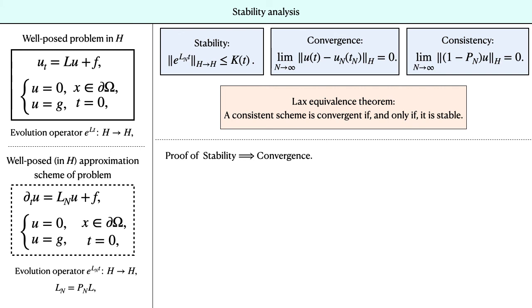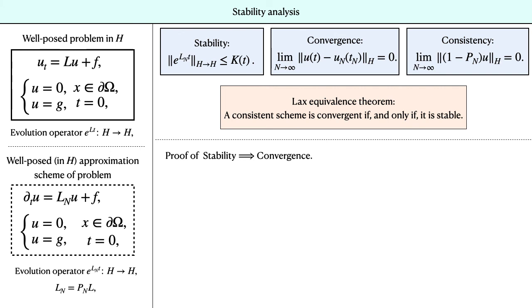In our scenario, consistency is that the projections onto the Bn space approximate all of H. So consistency, in the right corner, is that the difference between the projection of an arbitrary element u in H and u itself goes to 0 as n goes to infinity.